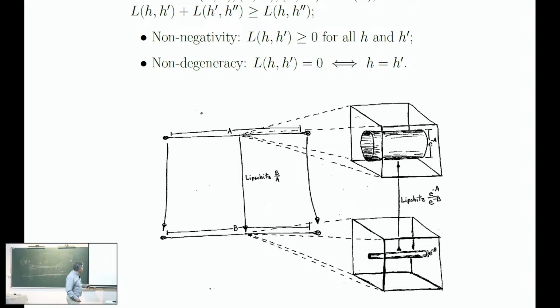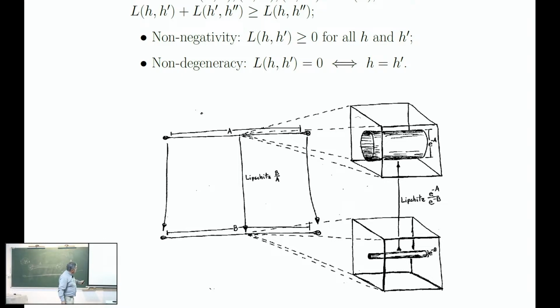What counts here is the ratio of this distance to this distance, because the other distances will count less. This is what he says. From here to here, the Lipschitz constant is more or less B to A, but the Lipschitz constant from here to here, and this is now hyperbolic geometry.